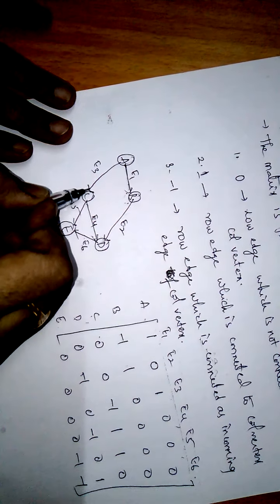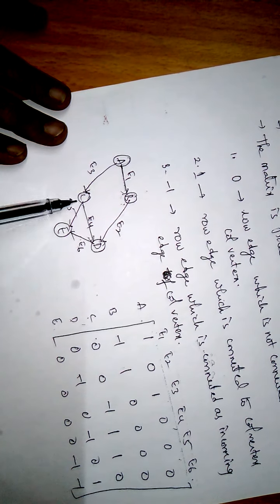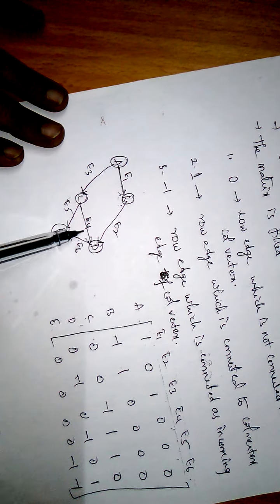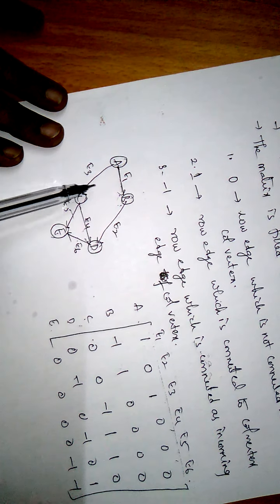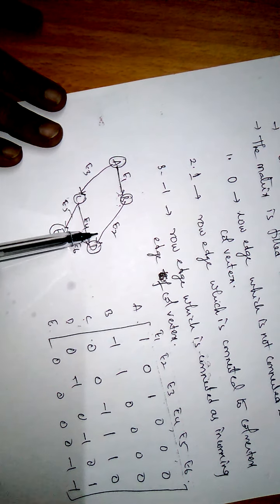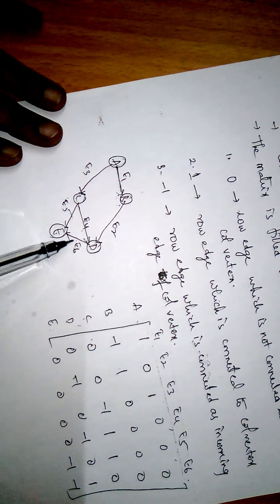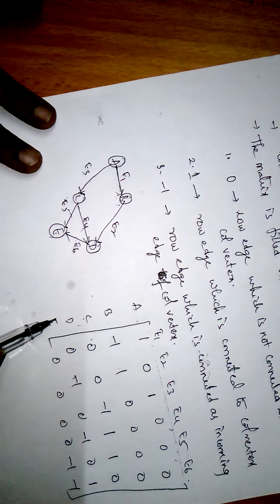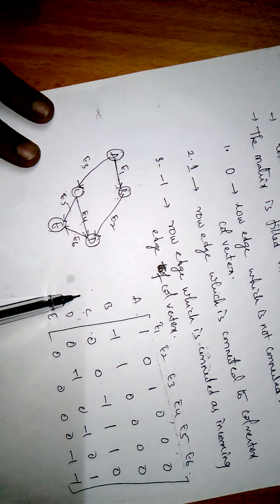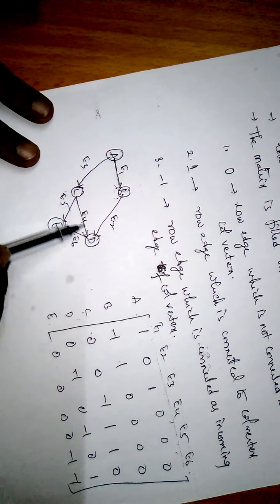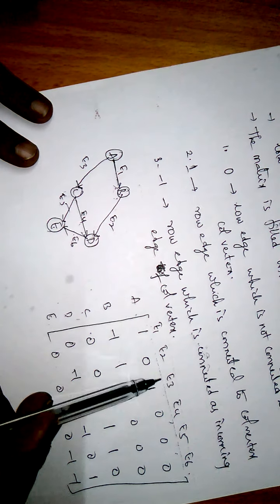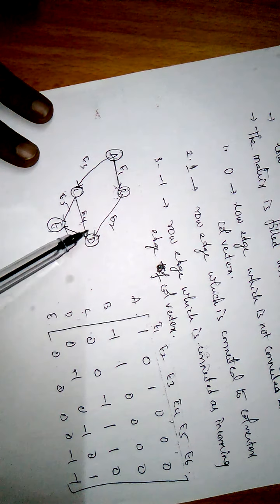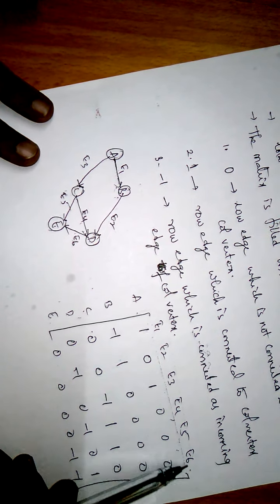Now this is a directed graph which has 5 vertices A, B, C, D, E, and edges E1, E2, E3, E4, E5 and E6. So the number of rows of this incidence matrix is 5, A, B, C, D, E, and the number of columns is 6 edges.